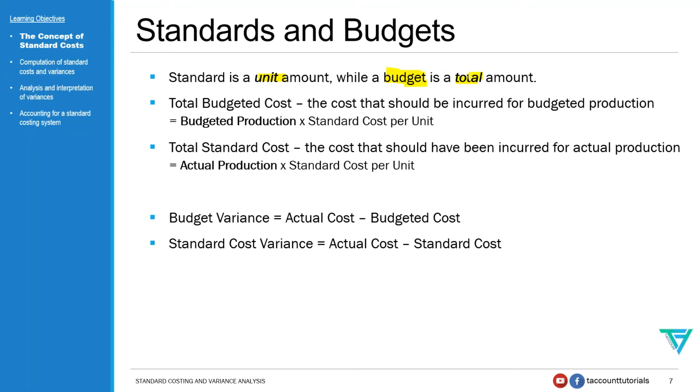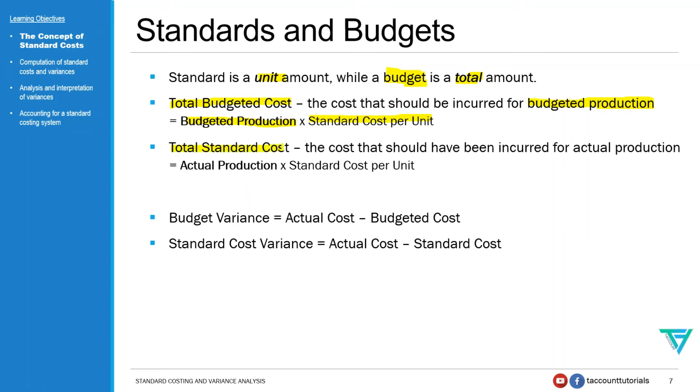Next, total budgeted cost is the cost that should be incurred for budgeted production. Okay, so when we say budgeted production, we are normally pertaining to the normal capacity of the plant in production, right? So normal capacity, just remember. So budgeted production multiplied by standard cost per unit would equate to our total budgeted cost.